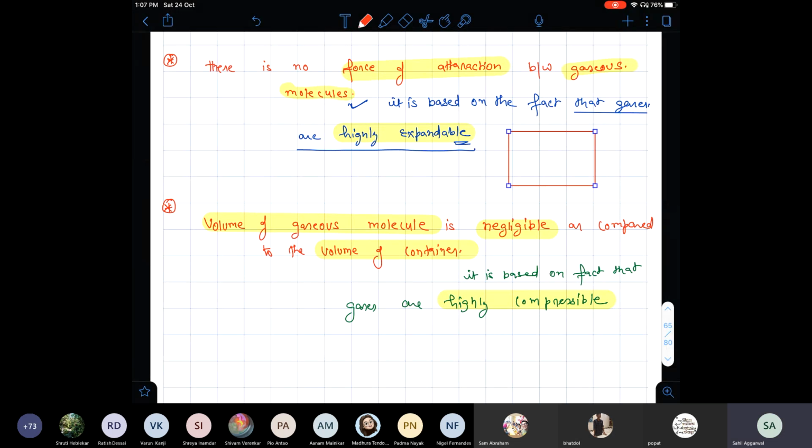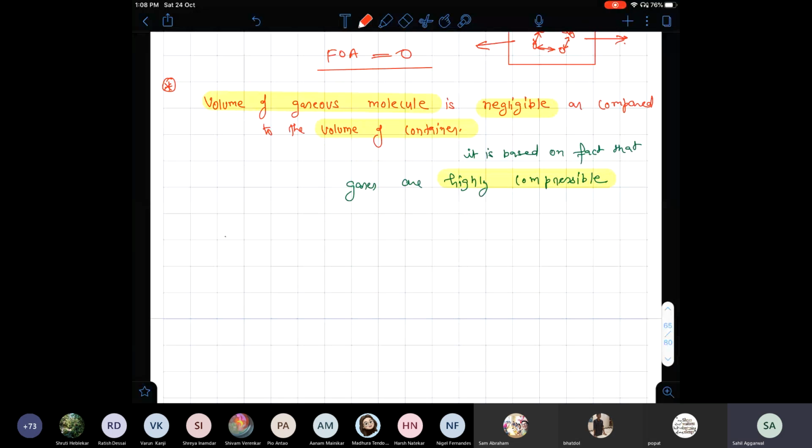If the gases had force of attraction, you cannot expand them to the maximum limit. They will resist that. But we know we can expand gas to the maximum limit. That means there is no force of attraction in gaseous molecules.